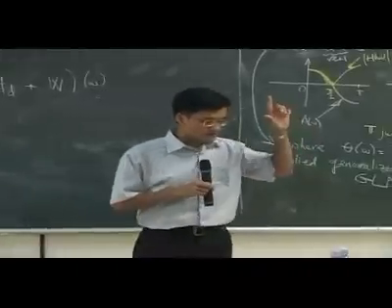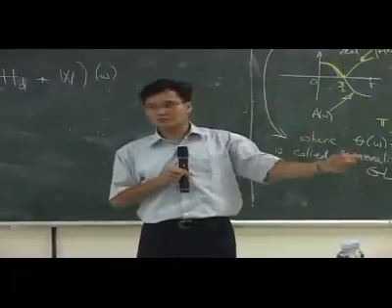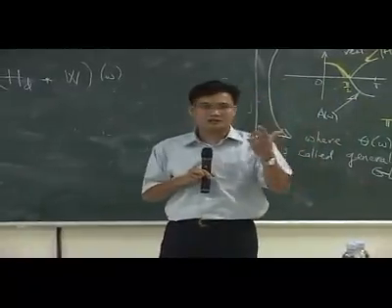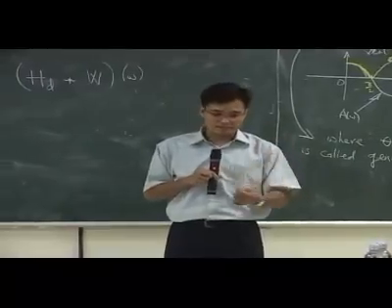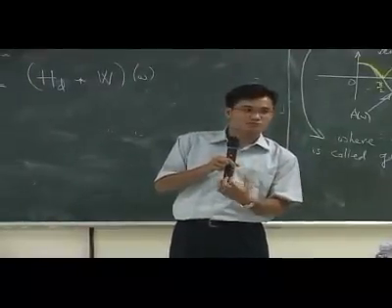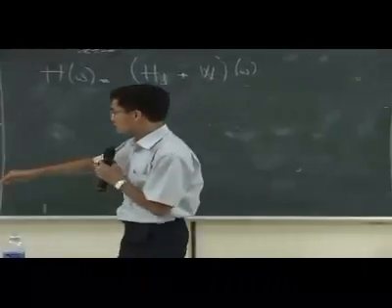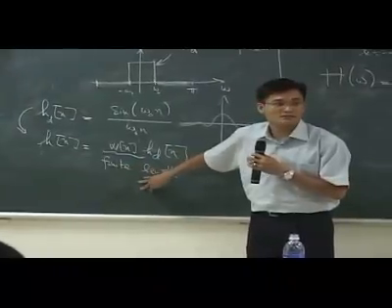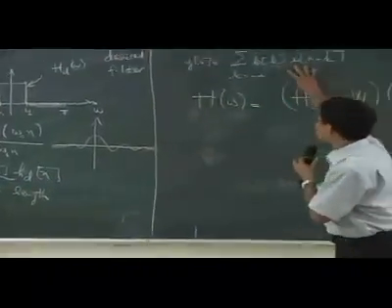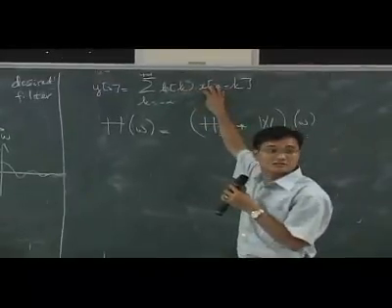For example, people ask you to design a cell phone, and they say the maximum I can allow you is about 30 sample delay, because otherwise the microprocessor couldn't compute fast enough to run in real time. So you construct it with only 30 numbers. That means for every sample output, I have to make 30 multiplications.